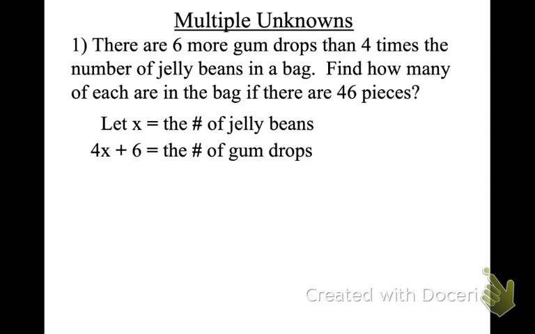Okay, so let's just translate this. 6 more than, it's not together, 4 times jelly beans. So 4 times jelly beans, if we're calling jelly beans x, that's going to be a 4x. That's a 6. Because we have the more than, it's going to become 4x plus 6. Find how many pieces of each are in the bag if there are 46 pieces.